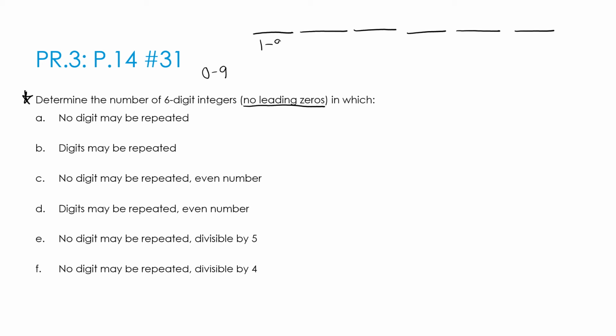So my first digit could be 1 through 9. But any of the rest of my digits can be 0 through 9. So how many options is that? Well, I know 0 through 9 is 10 options. And obviously 1 through 9 is 9 options. So that's a really good starting point. I have an idea of what the question is all about before I actually am trying to answer anything.